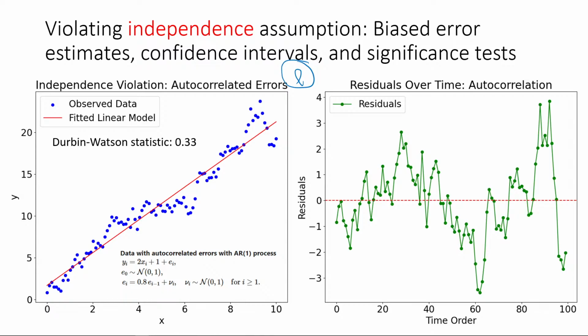I didn't show the equation for it, whatever the slope is, that might not be the best model to use, and you can try to change or improve your model. That's how you could get rid of this autocorrelation.